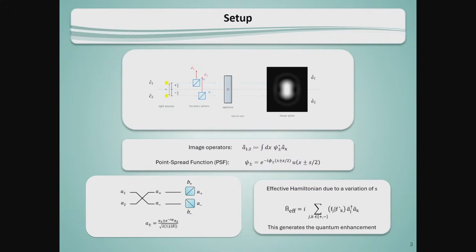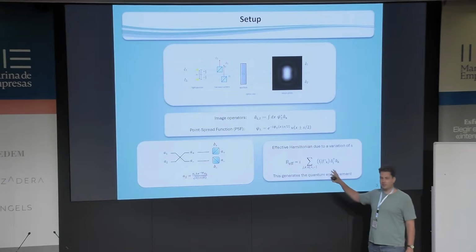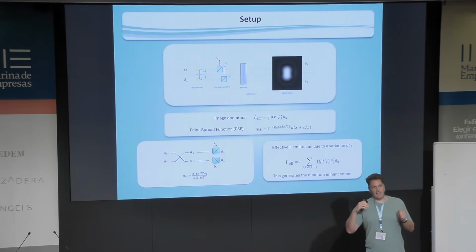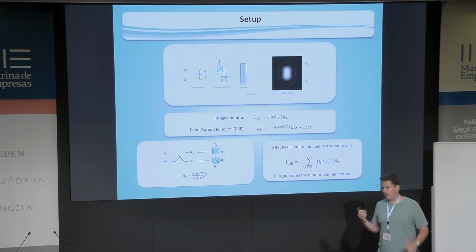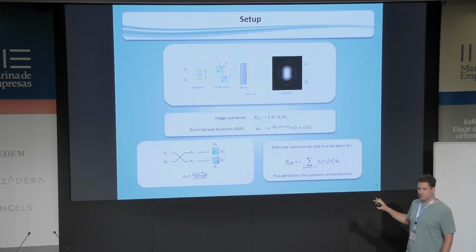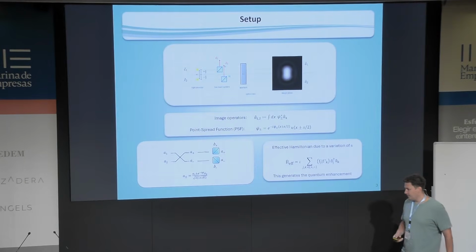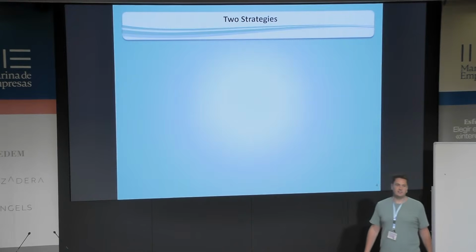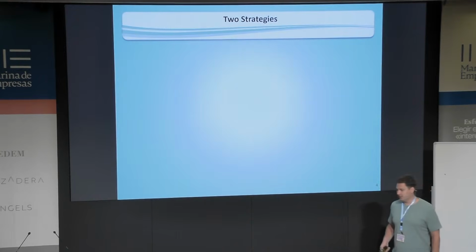So what we're looking for is this effective Hamiltonian. This depends on the overlap between the original modes, so these point-spread functions, and derivatives of these original modes. So if we have those, we can have this effective Hamiltonian, and then we have a hope for quantum enhancement. It turns out that in this setup, we have two strategies to obtain this effective Hamiltonian.